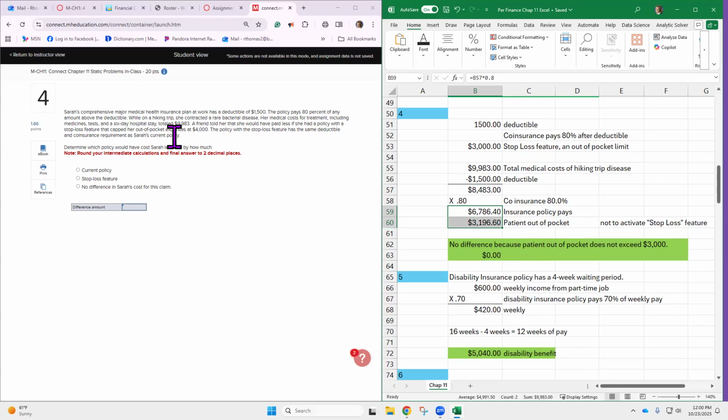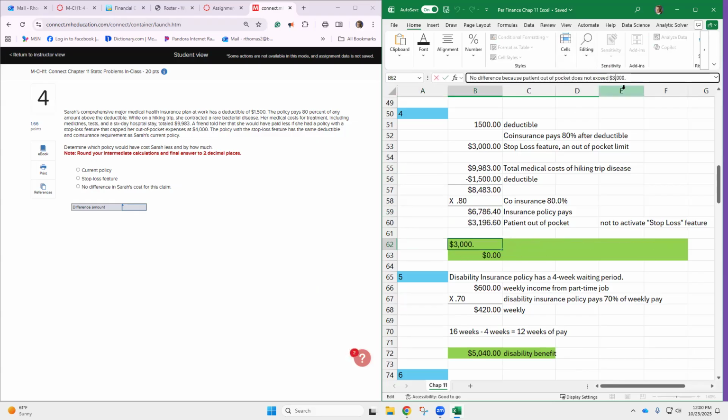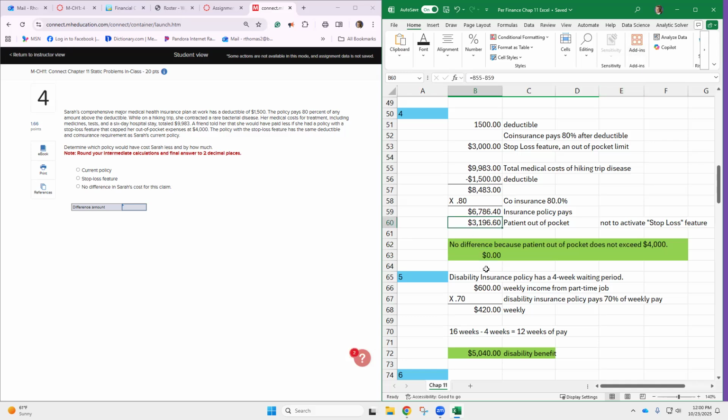So there's a stop loss feature of $4,000. But in this case, our bill didn't reach $4,000. It only reached almost $3,200. If this bill would have gone past $4,000, it would have helped.